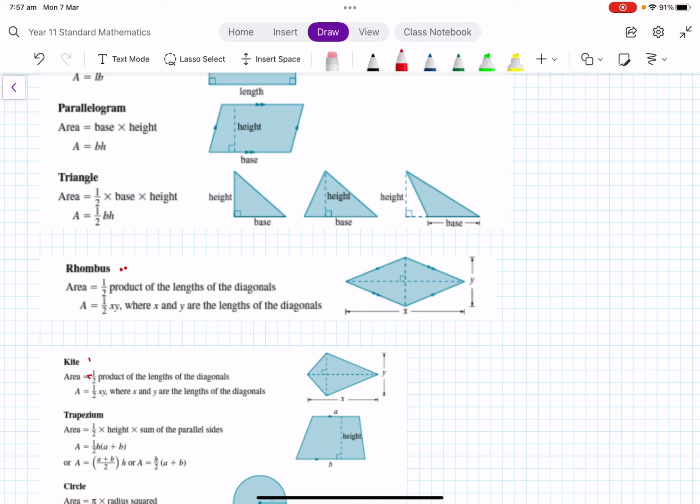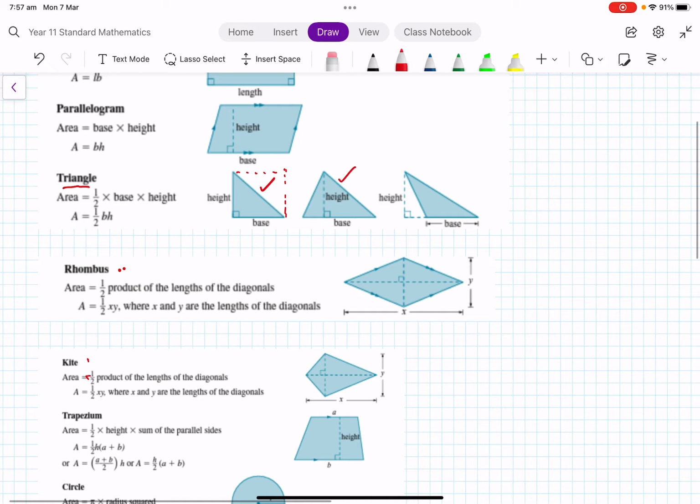The other one that's often tricky is when we have a triangle, half times base times height, that's fine, half BH. For this one, tick, that's easy. It's just a right angle triangle. You can see how it's just half of the rectangle there. This one, also easy, tick. The height is very easy to see, but when we get ones like this, these ones are trickier, these third ones.